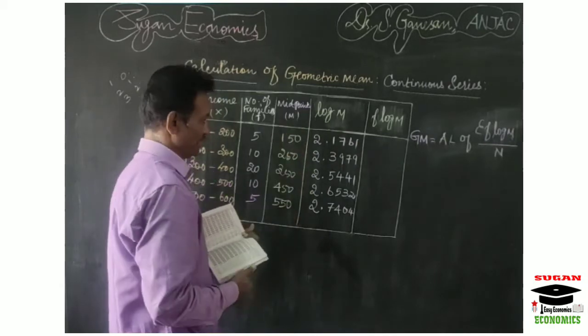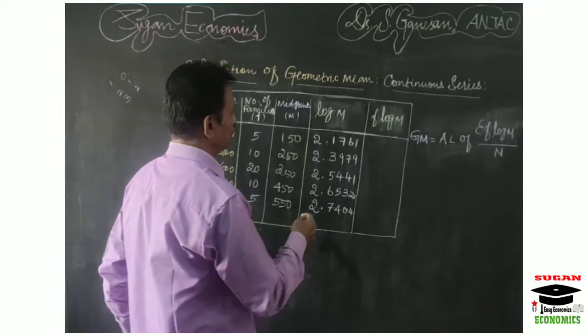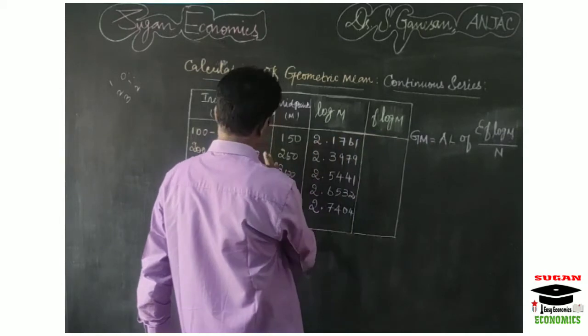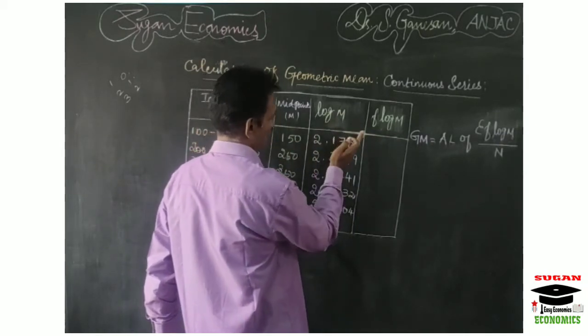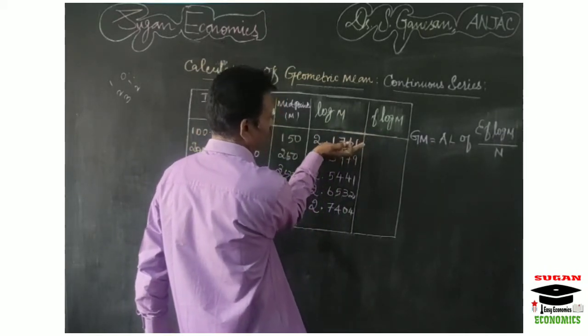So these are the log values for the given midpoints. Now we have to multiply the frequency with the corresponding log m values.